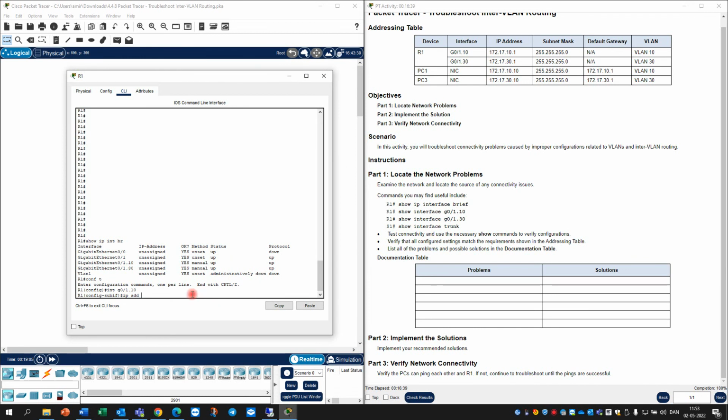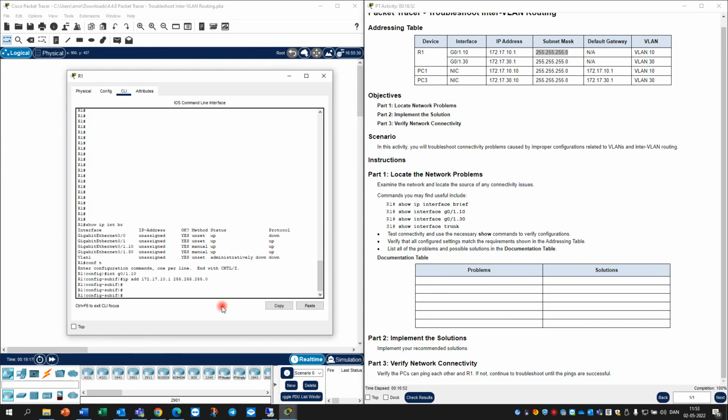You should find the solution and troubleshoot. Yes, and you can see here, and also interface G0/1.30 should also have an IP address.